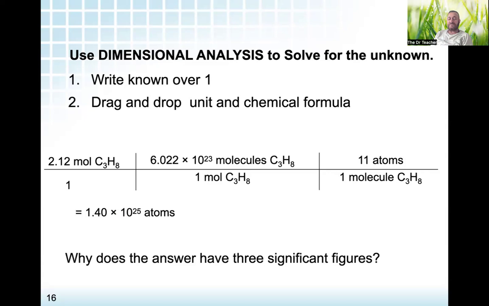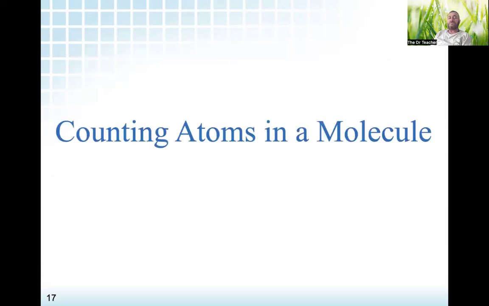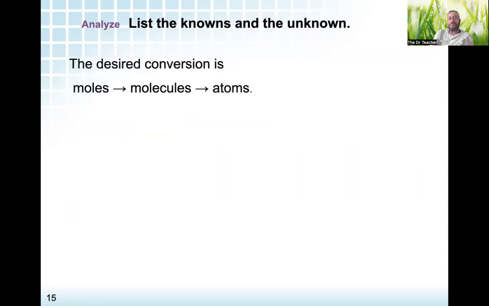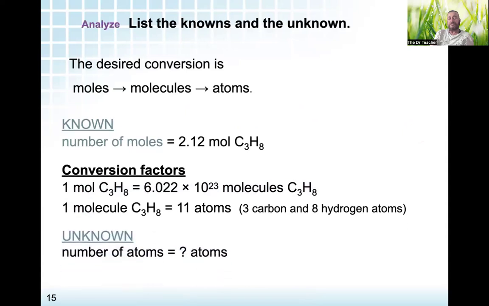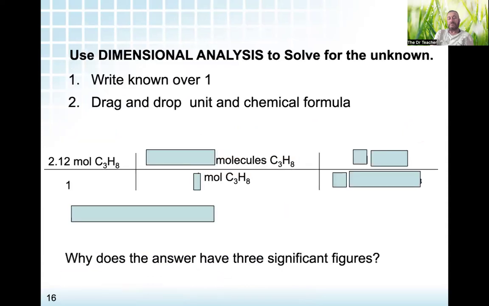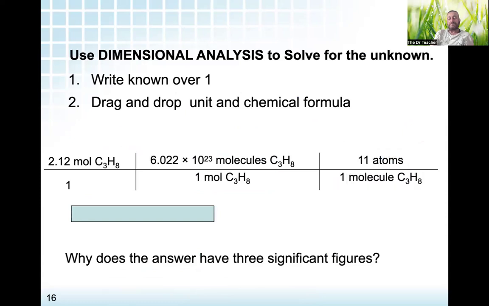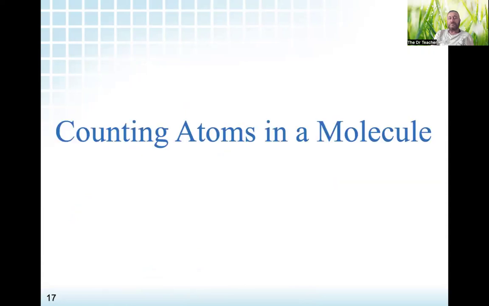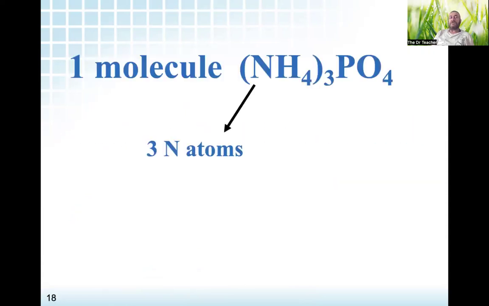And why does the answer have 3 significant figures as well? Now, counting atoms in a molecule. We have 1 molecule of ammonium phosphate.